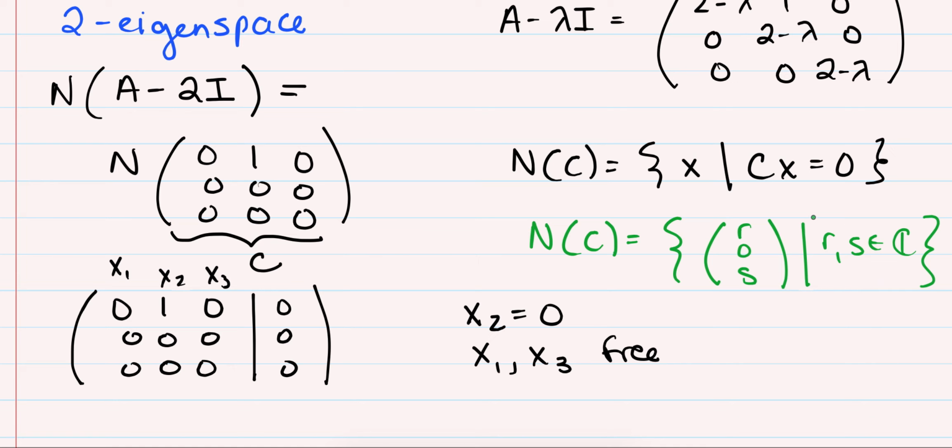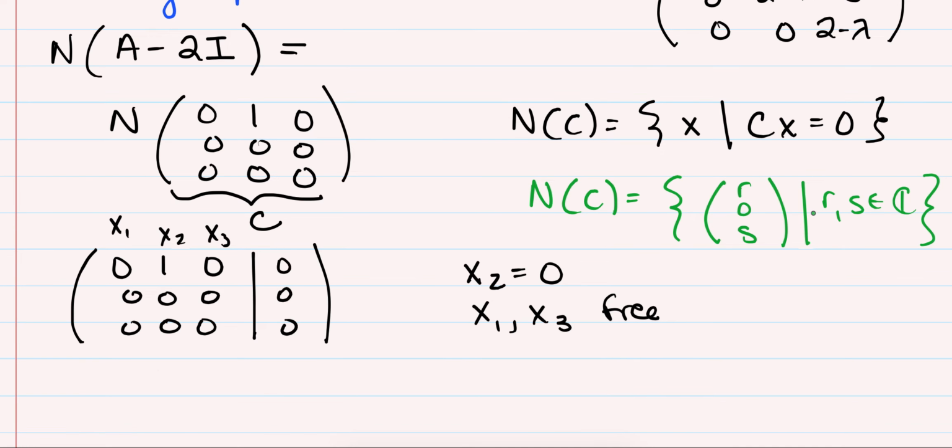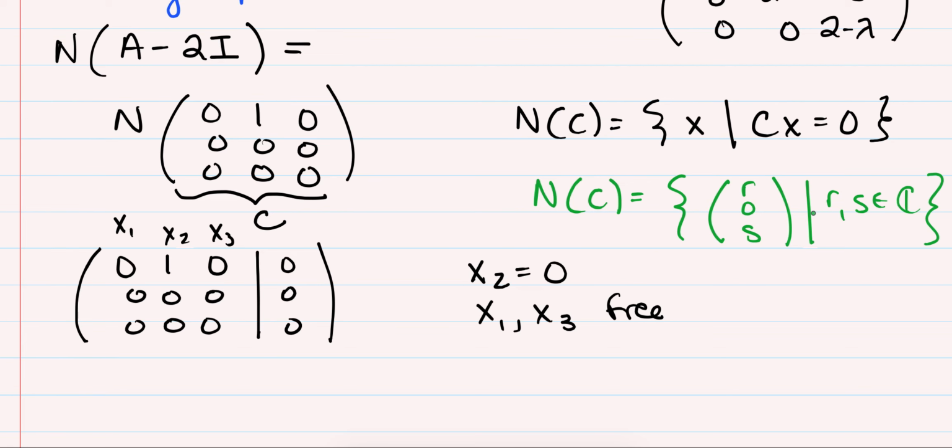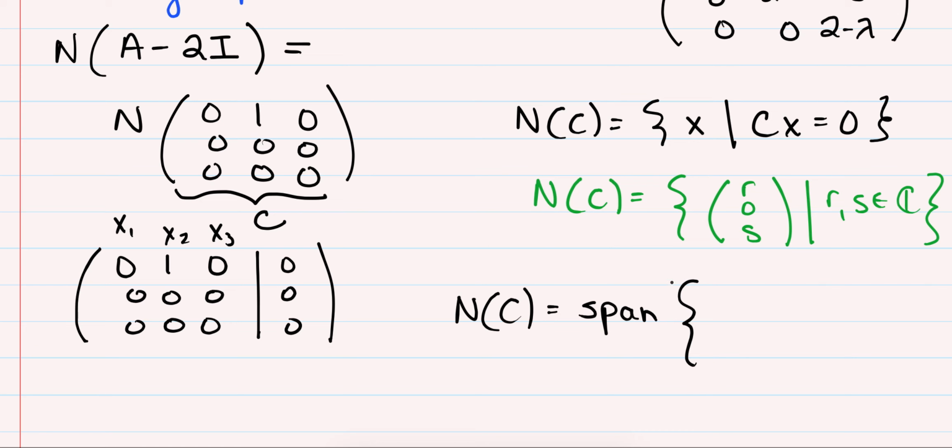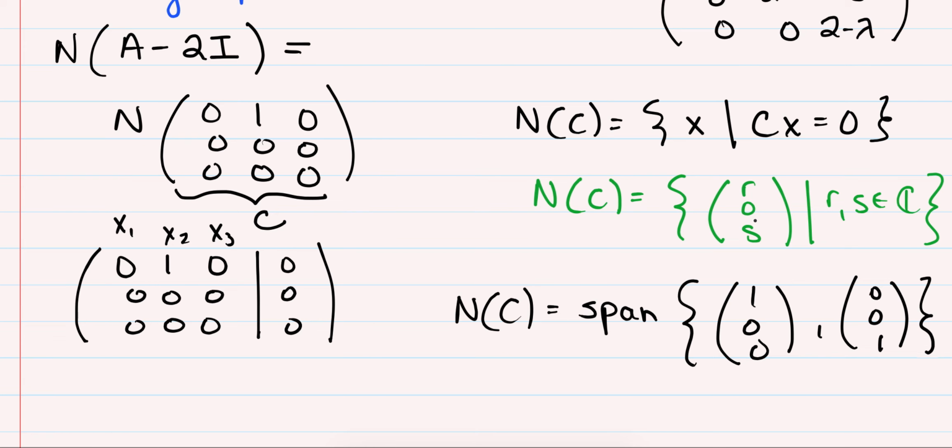And we can find a basis for this null space. So the basis is going to be the span of these 2 vectors, 1, 0, 0 and 0, 0, 1, since R and S are free variables.